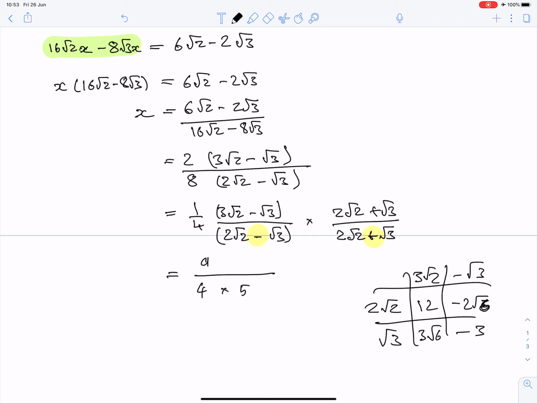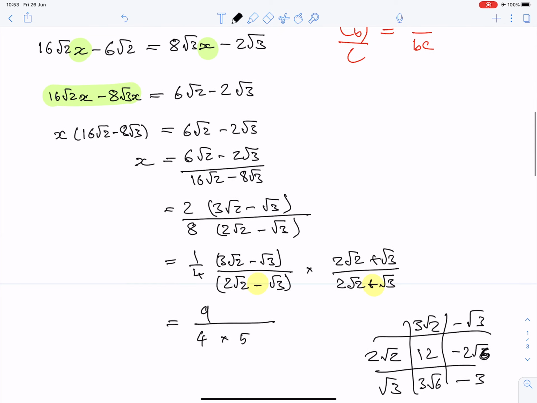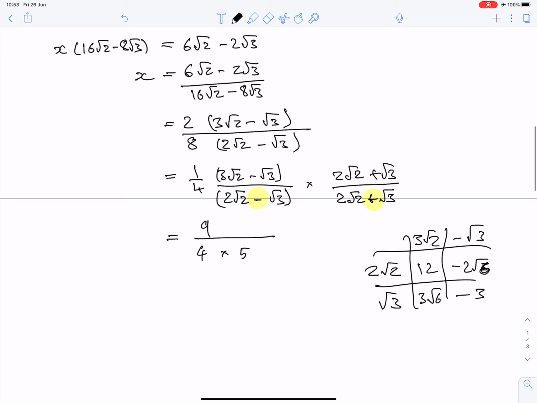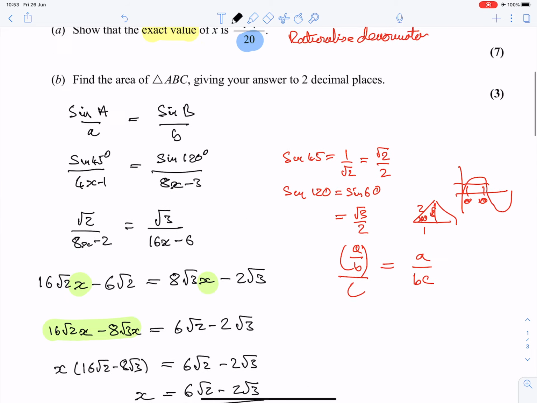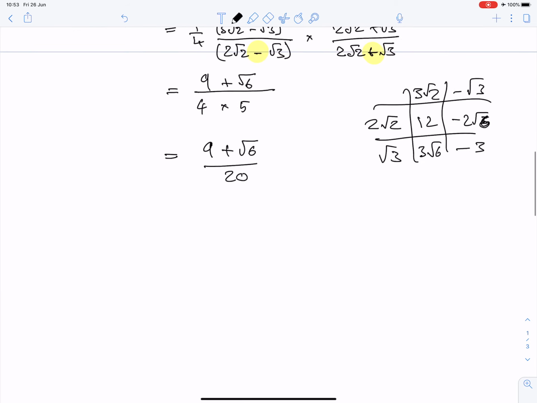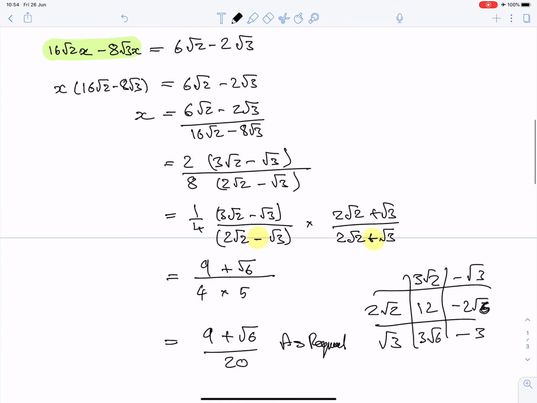So the whole number is 9. Well, I like the look of that. Minus 5 root 6? No, not minus 5 root 6. Sorry, plus 3 minus 2 is plus a root 6. And that's going to give us the right answer. Glad I just checked that little bit at the end quickly. Yeah, (9 plus root 6) over 20 as required. So just be careful there.